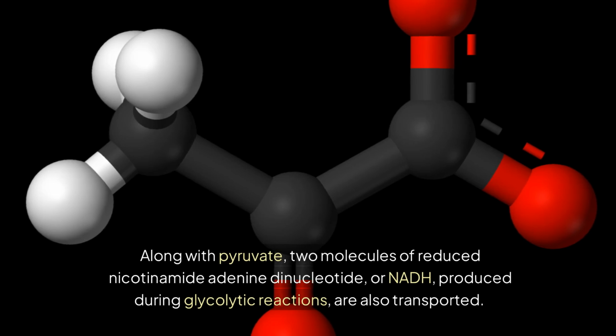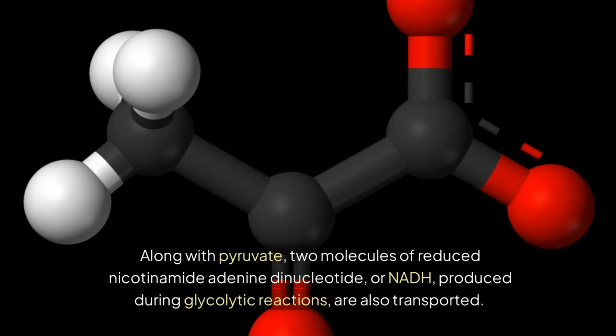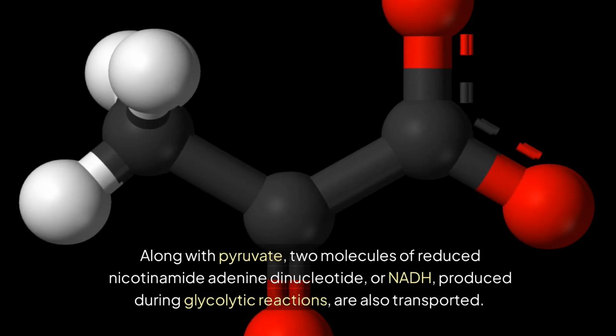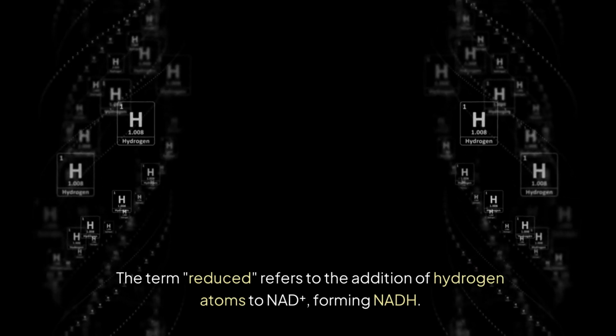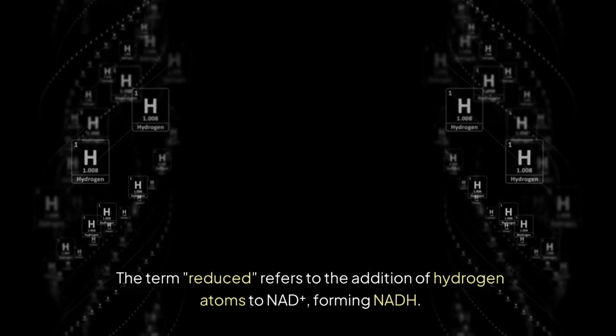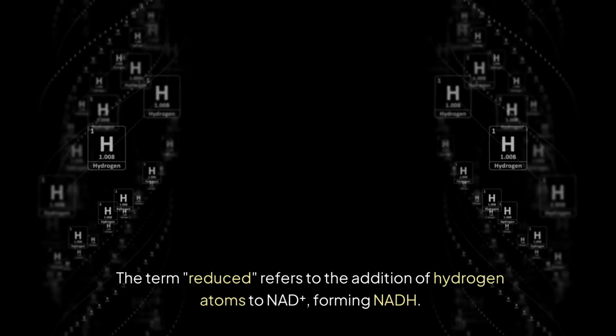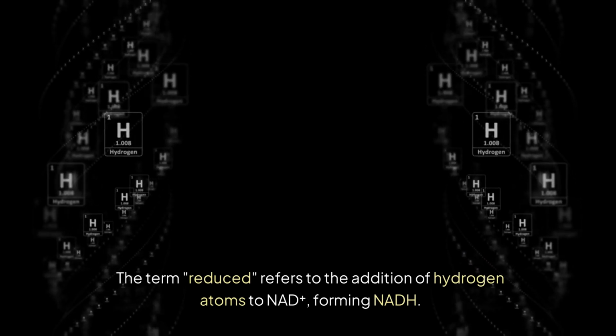Along with pyruvate, two molecules of reduced nicotinamide adenine dinucleotide, or NADH, produced during glycolytic reactions are also transported. The term reduced refers to the addition of hydrogen atoms to NAD+, forming NADH.